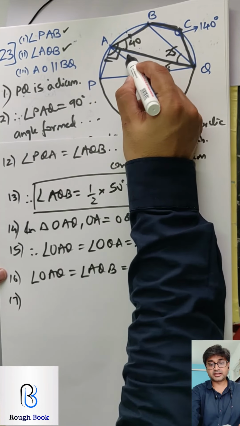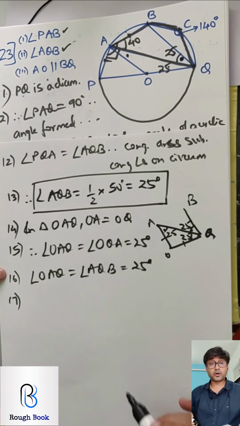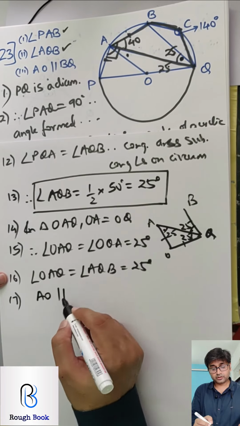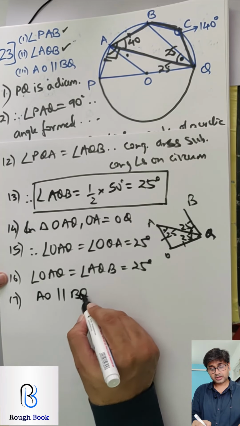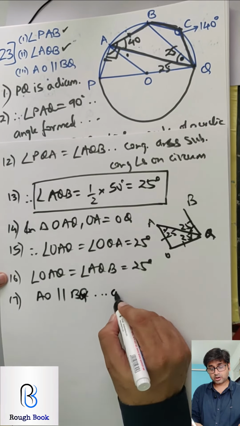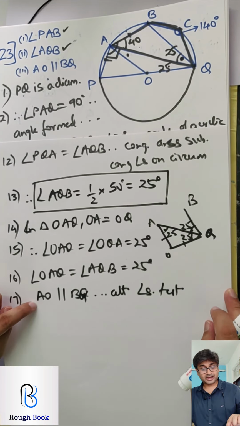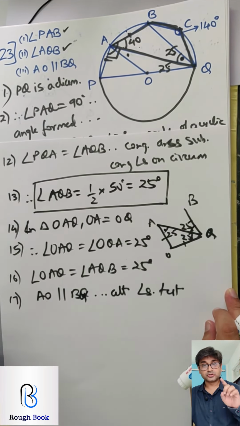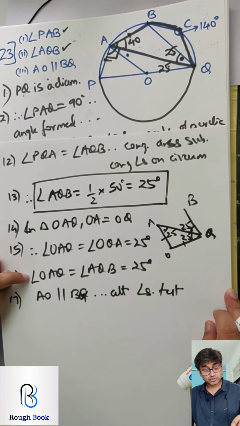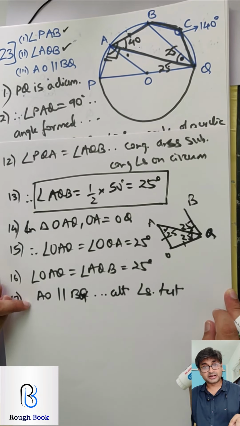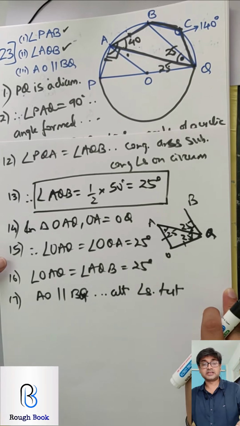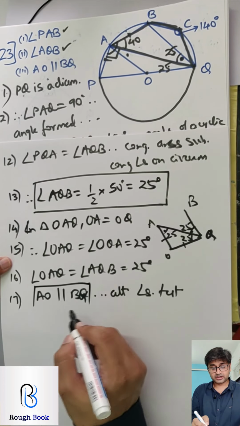And since these two angles are equal, they are alternate, therefore AO parallel to BQ. A reason should be alternate angles test. See, when parallel is given and you're using the angles, you say alternate angles. When you're using the angles and proving parallel, you say alternate angles test. So that's our last part.